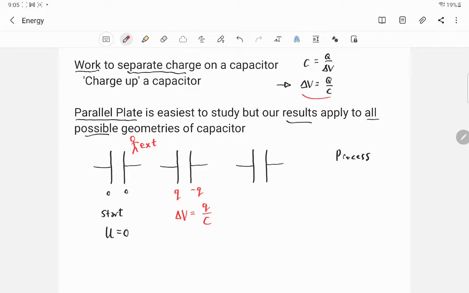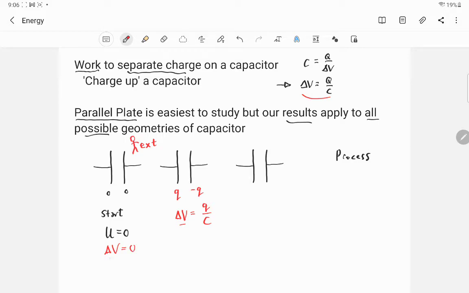I've drawn this capacitor at three different times: the starting point, some midway point, and the final situation. At this intermediate situation, I have a potential difference. At the starting situation, there is no energy stored and also no potential difference, because I don't have any charge.